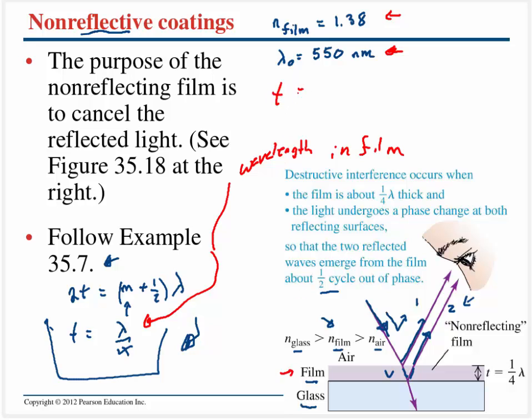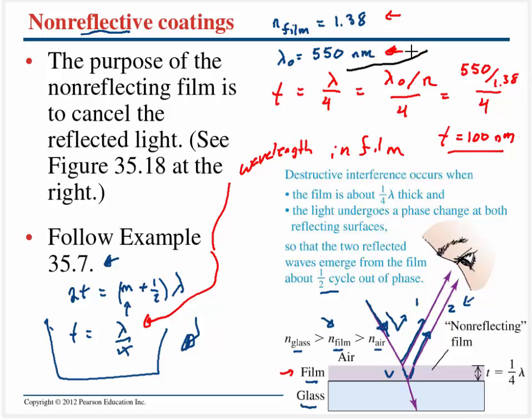Well, the thickness is going to be equal to the wavelength in the film divided by 4, and the wavelength in the film is the wavelength in air divided by the index of refraction. So this is going to be 550 nanometers, divide that by 1.38, and divide that by 4. And we're going to find out that the coating thickness, for example 35.7, is going to be 100 nanometers.